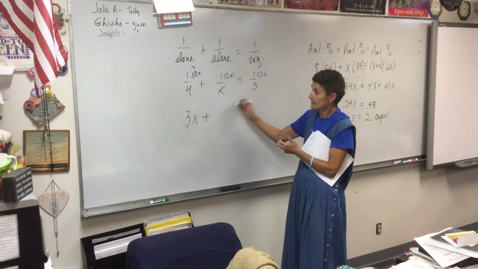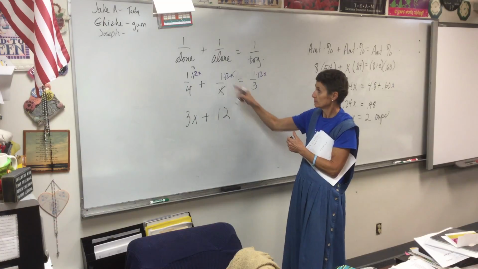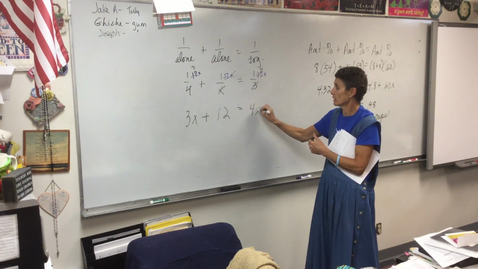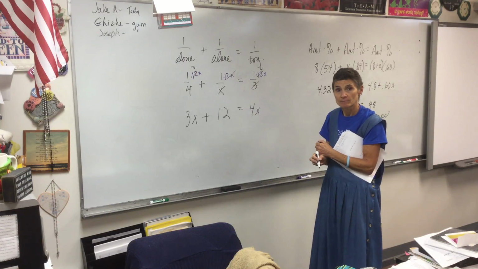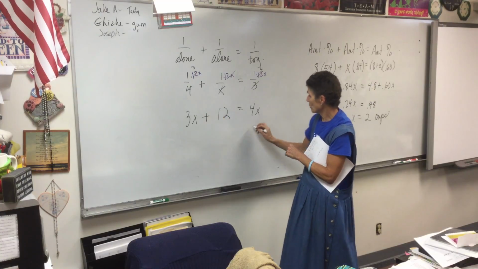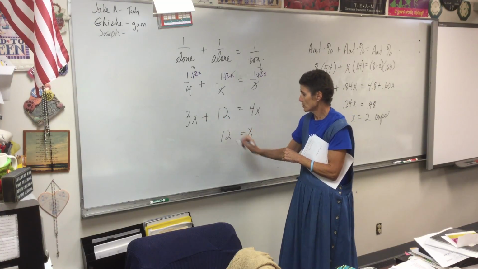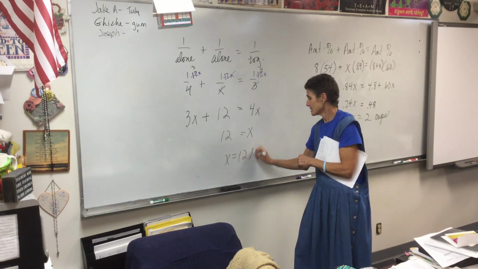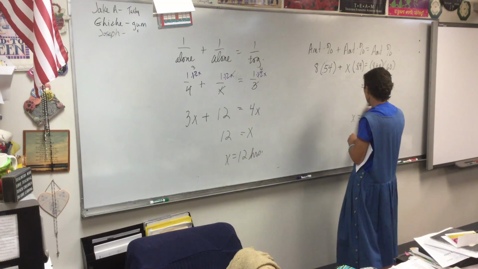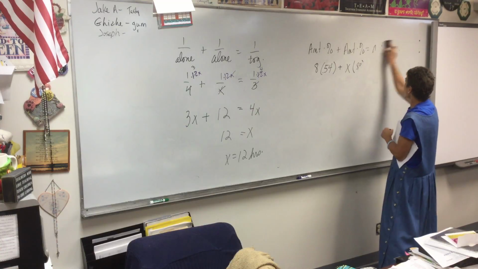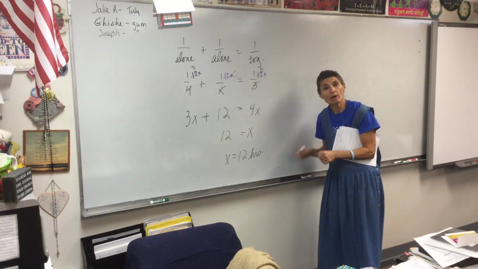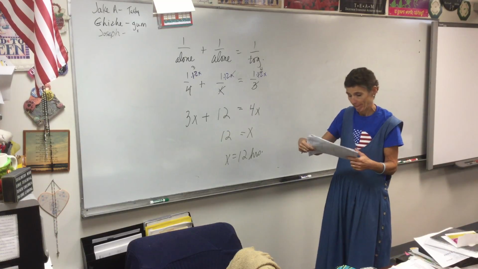X will cancel the x and leave me with just 12. 3 goes into 12 4 times and leaves me with 4x. Now I have a nice little equation with no more fractions, so if I subtract, I get x equal to 12. So the answer is, it takes Zach, poor Zach, 12 hours to do the homework on his own. His time alone is 12 hours.